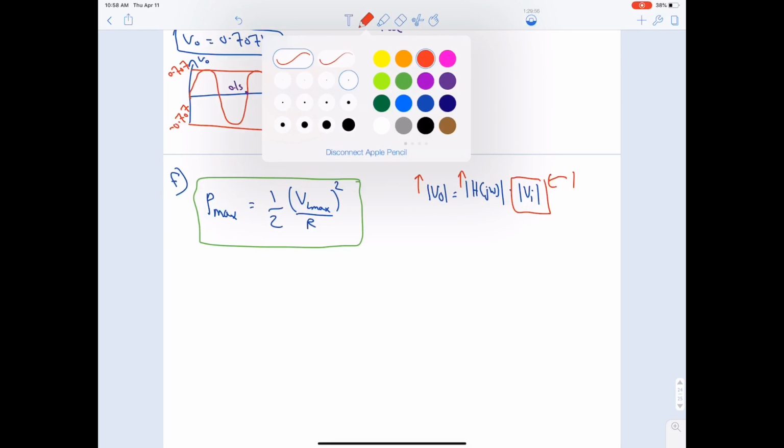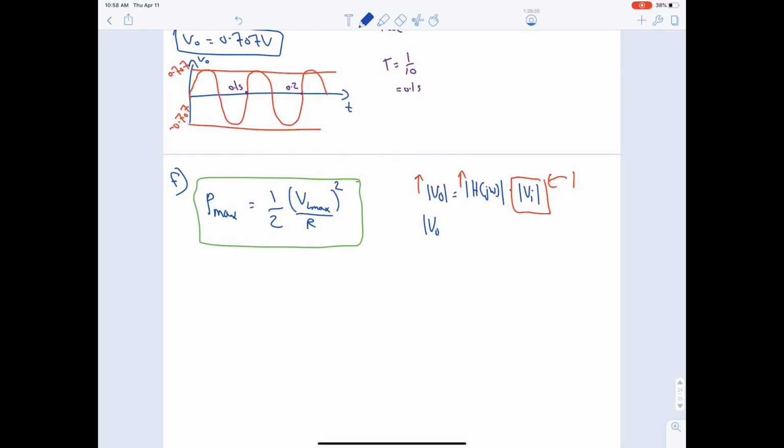V output is the same as V load. It's H max multiplied by 1, and H max is already 1, so V output is 1 volt. That's the maximum. So the answer will be half 1 squared over 1K.